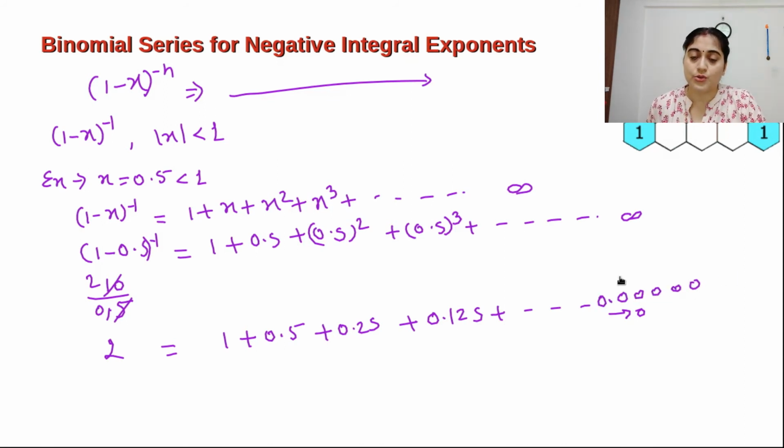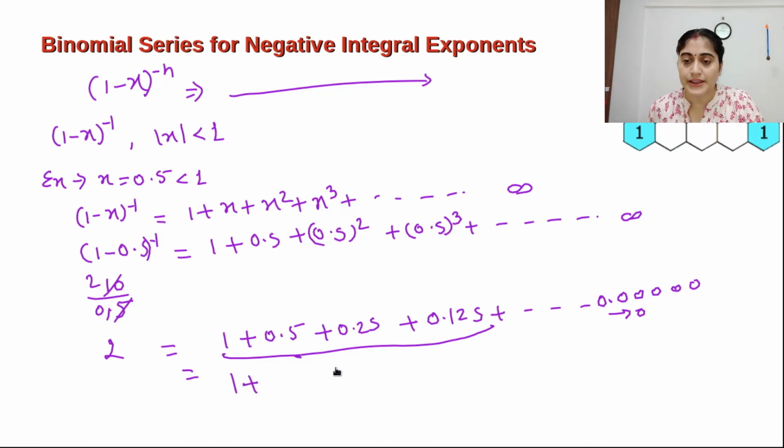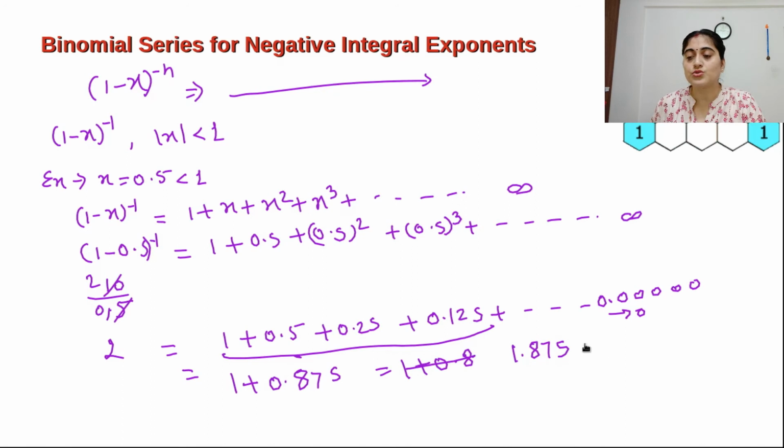If I add the first 4 terms, 1 plus 0.5 plus 0.25 plus 0.125, it will be 1.875. It goes up towards 2, whatever the result is, 2.